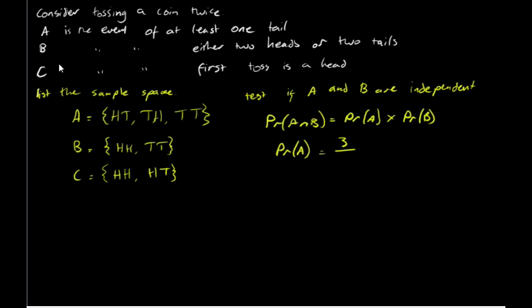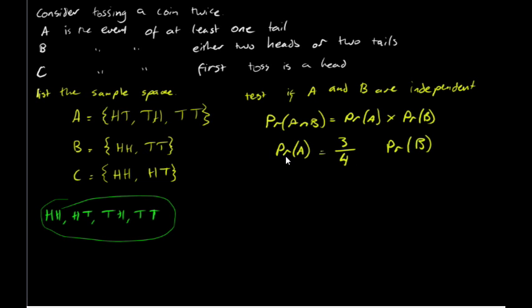And there's only one missing. So I should have drawn it out. You can either get heads, heads, heads, tails, tails, heads, or tails, tails. So there are only 4 options in total that we can get. So it'll be 3 out of 4. And the probability of B is going to be 2 out of 4.